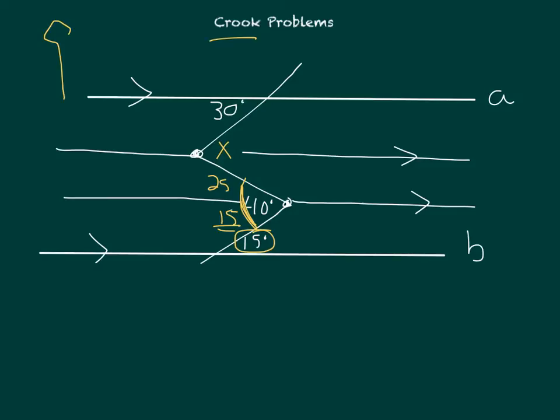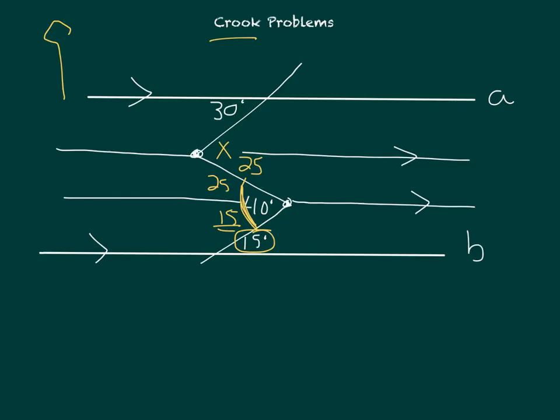Then, because that's an alternate interior angle to this part of X, the lower part of X has to be 25. Now the upper part of X is also an alternate interior angle to this given angle of 30 degrees.